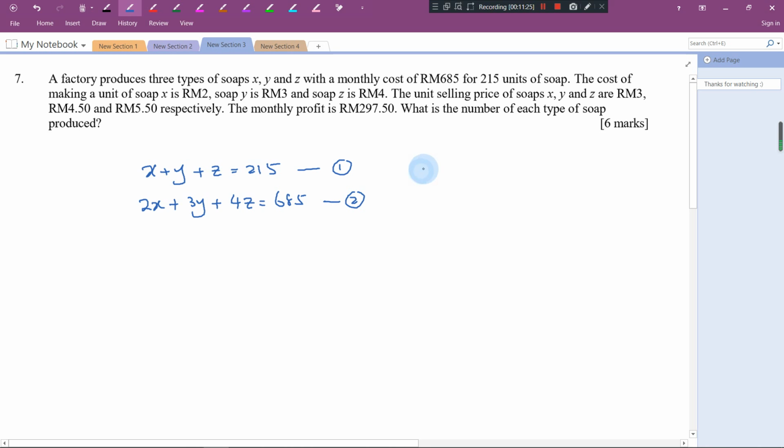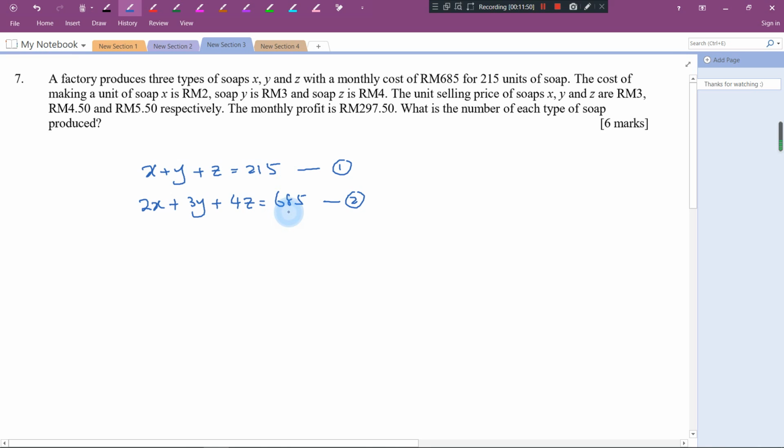Second equation. The unit selling prices of soaps X, Y, Z are 3 ringgit, 4 ringgit 50 cent, and 5 ringgit 50 cent respectively. The monthly profit is 297 ringgit 50 cent. What is the number of each type of soap produced?